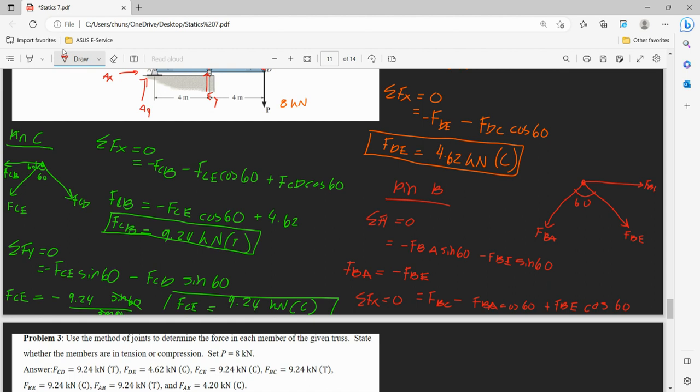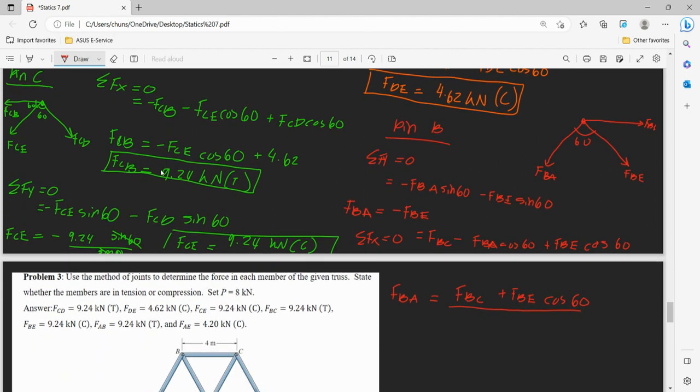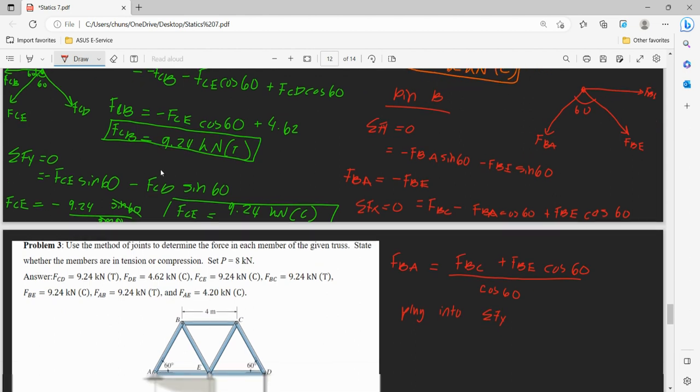I'm going to keep writing down here. So let's find what FBA is equal to. So we have FBA is equal to FBC plus FBE cos 60 over cos 60.